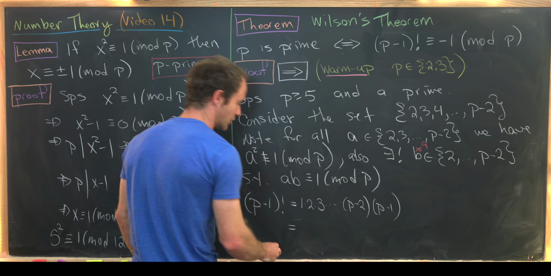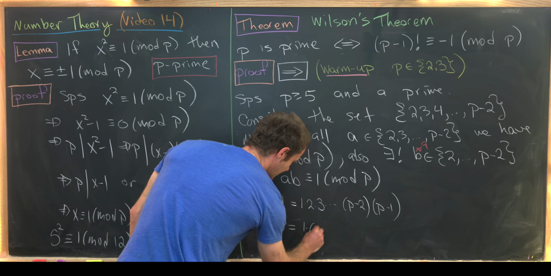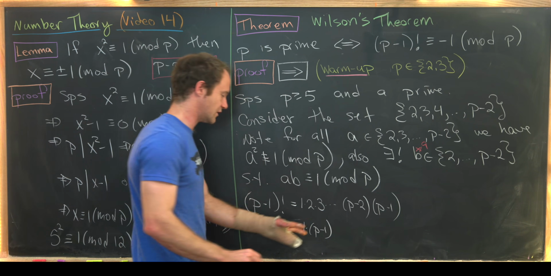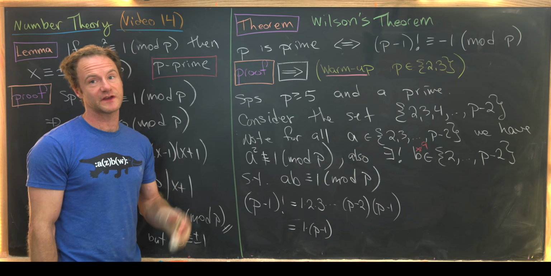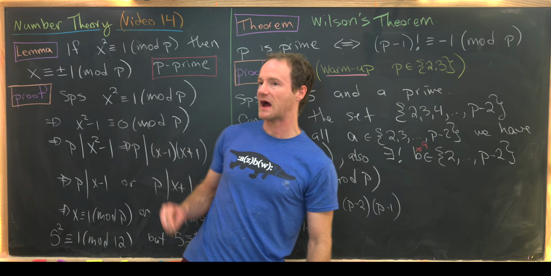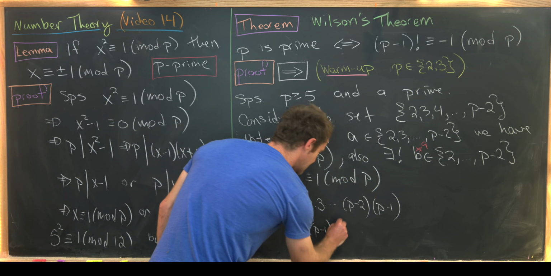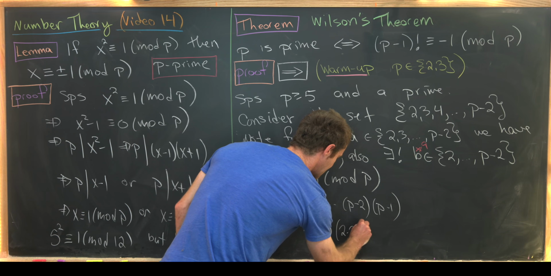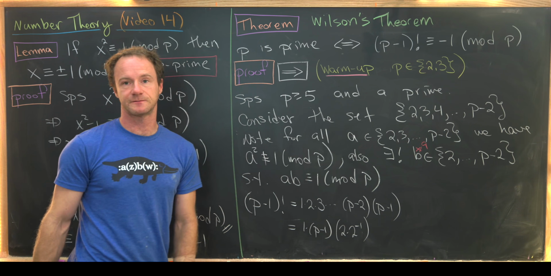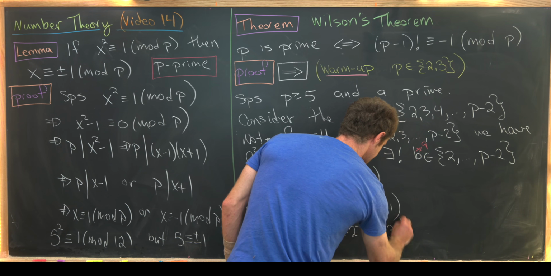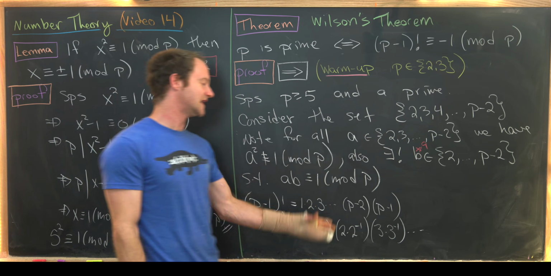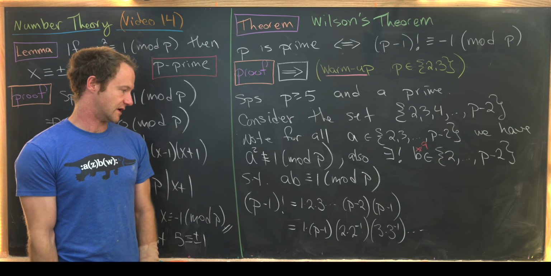So that regrouping will go like this. 1 times p minus 1, those do not have inverse pairs. Those are their own inverses, and they're the only things with their own inverses, again, by our lemma. Next, we'll have 2 times 2 inverse, and then 3 times 3 inverse, and we'll continue until we run out of numbers.